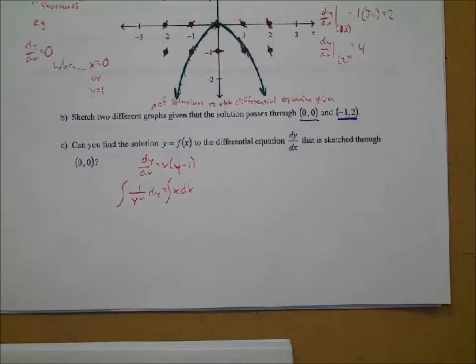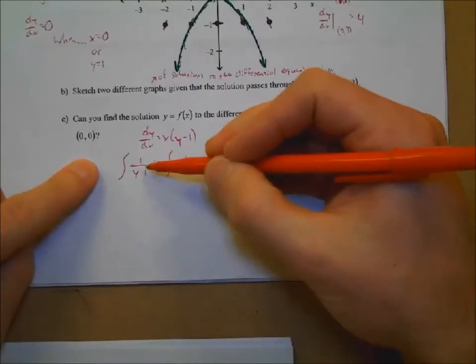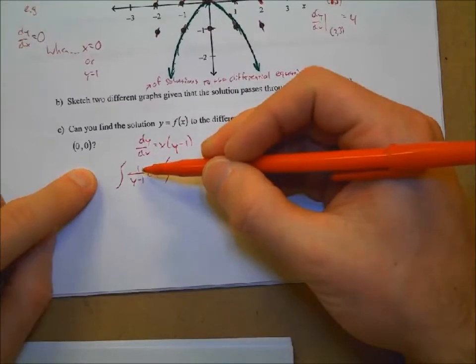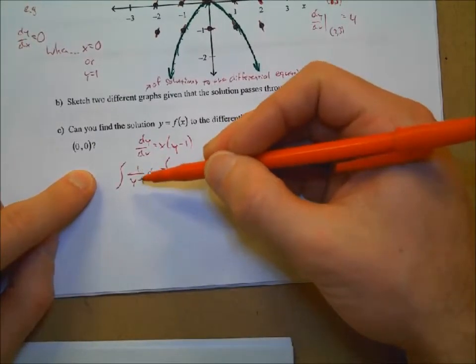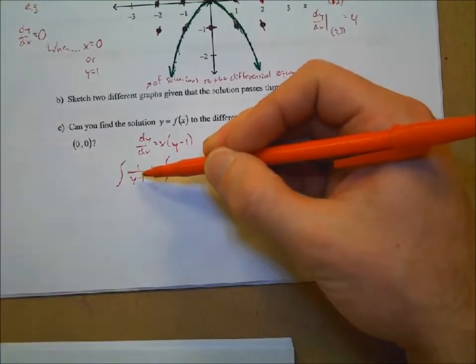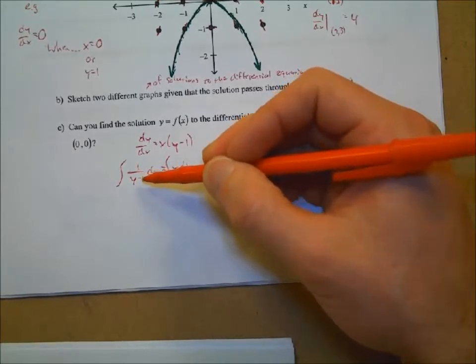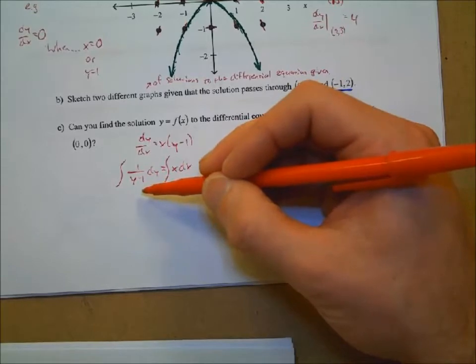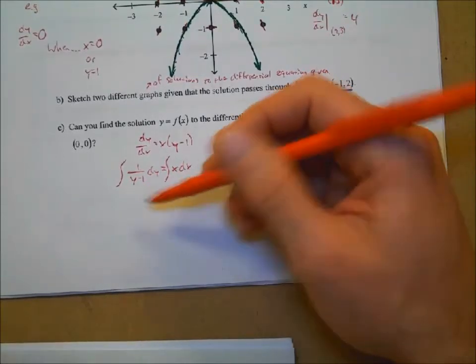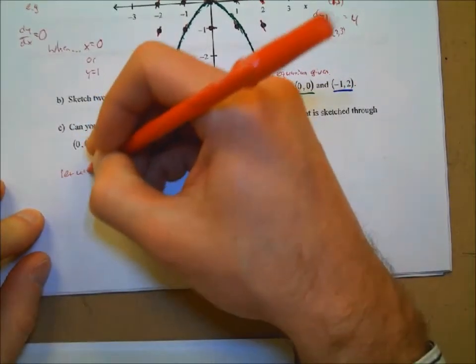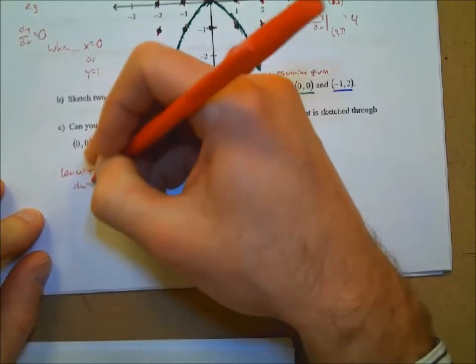When we integrate 1 over (y minus 1), technically we should use a u substitution, though we're going to use natural log. Is it necessary in this instance? No, because if we let u equal y minus 1, du will just be dy, and we're fine.